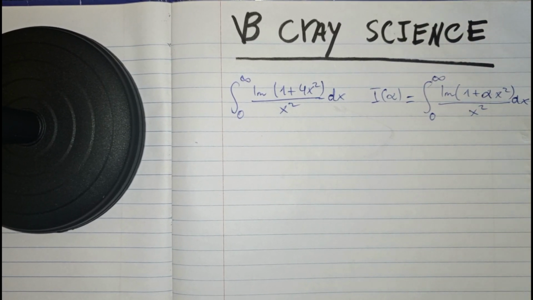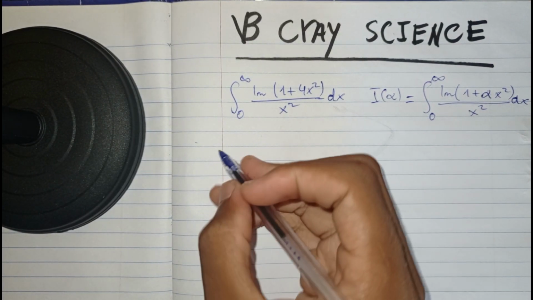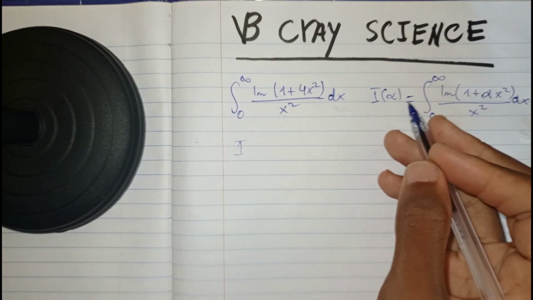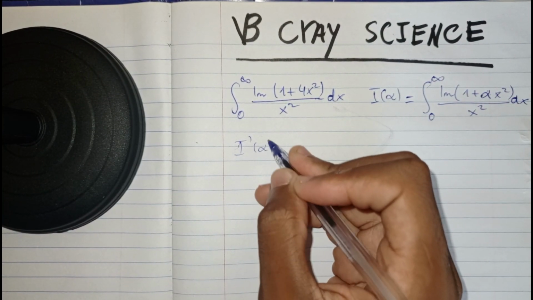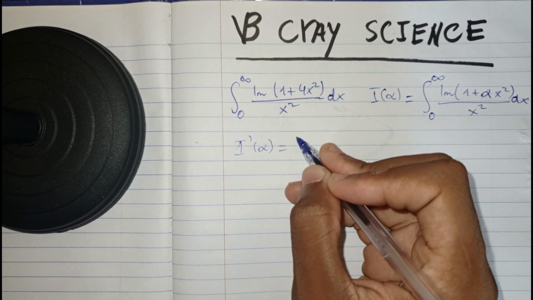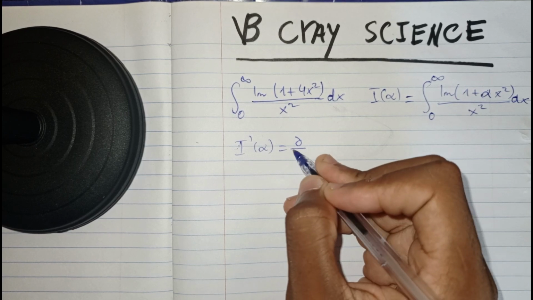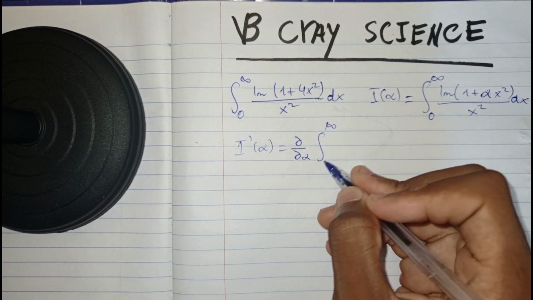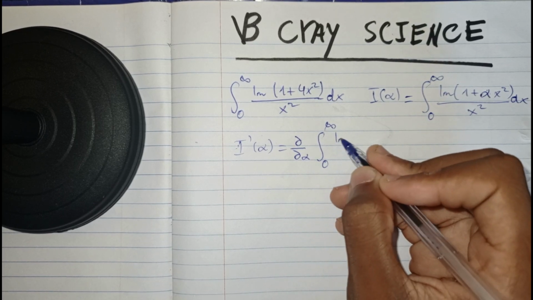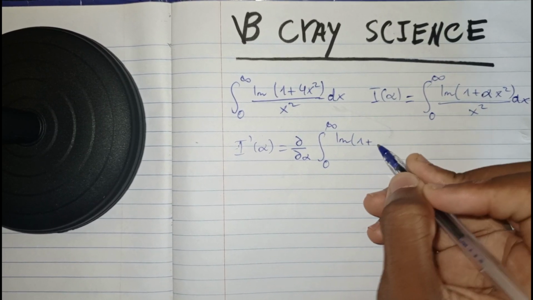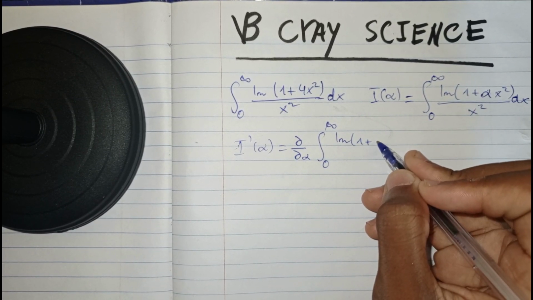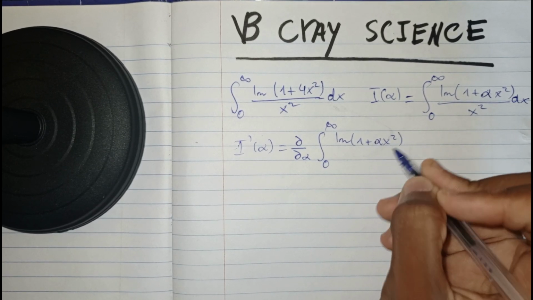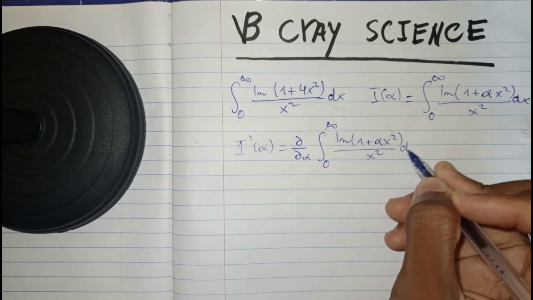So we are going to work with this, and we are going to differentiate it with respect to alpha. Everything here will be constant except alpha.